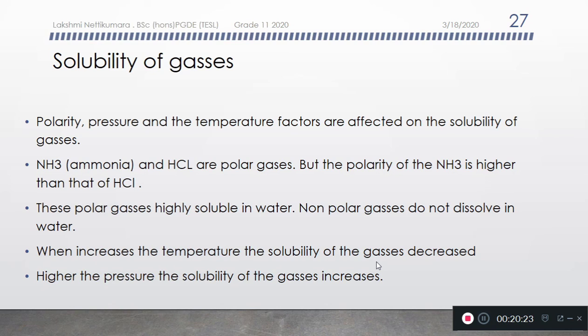Accordingly, higher the polarity, it dissolves more, so gases with polar bonds are soluble in water and non-polar gases do not dissolve in water. Compared to solid substances, gaseous solutes dissolve less in high temperatures. Solubility of gases is high in high pressure conditions, that is experienced by opening a soda bottle.